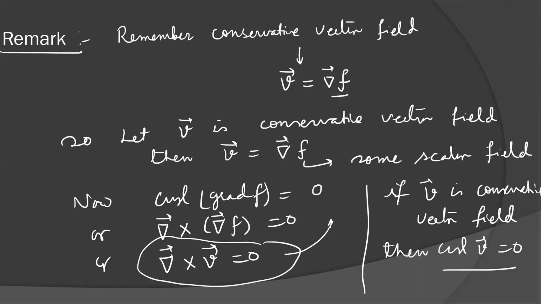I told one remark also on the conservative vector field. For this type of field, the work done in moving a particle from point P to Q does not depend on the path. It depends only on the end points P and Q, which we will discuss later in line integral. So this is a very important remark here.